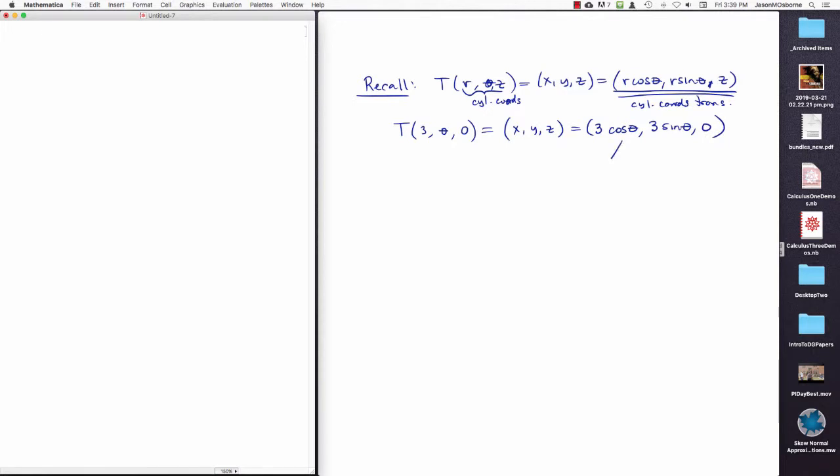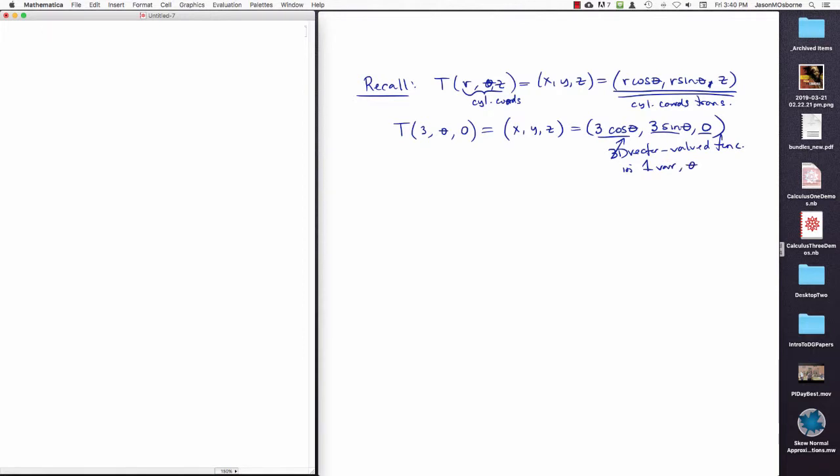And you'll notice here that there is a vector valued function. There's 1, 2, 3 entries, so it's a 3D vector valued function in one variable, and that one variable is theta.